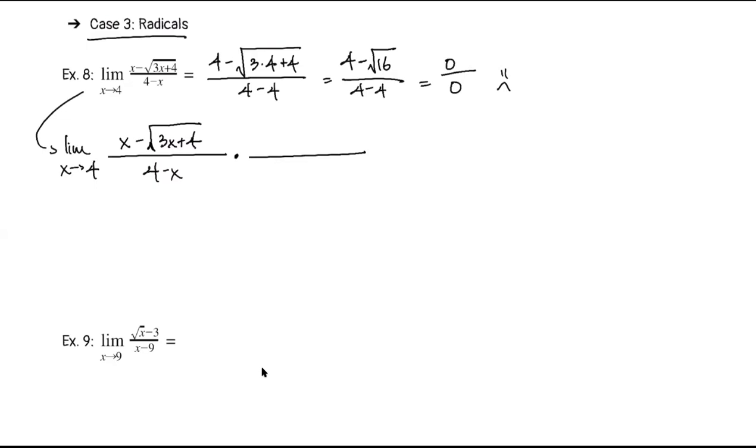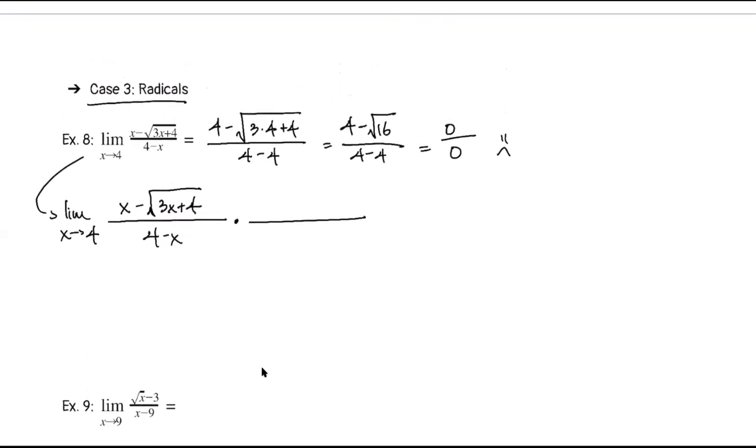So if I had x plus the square root of 2, what is the conjugate of that?